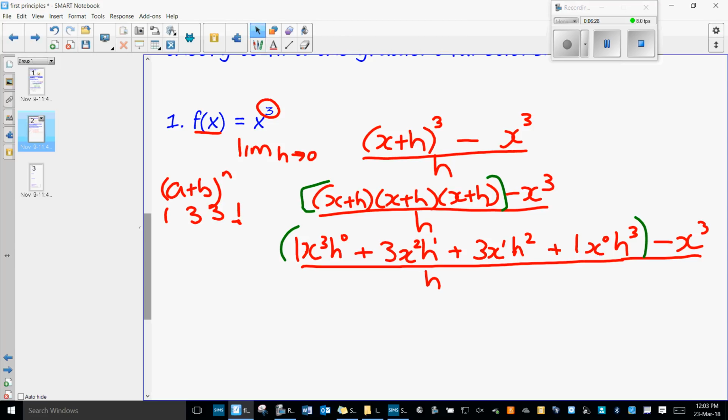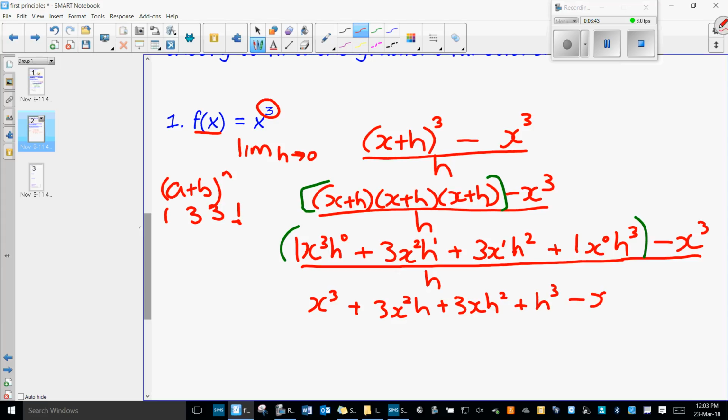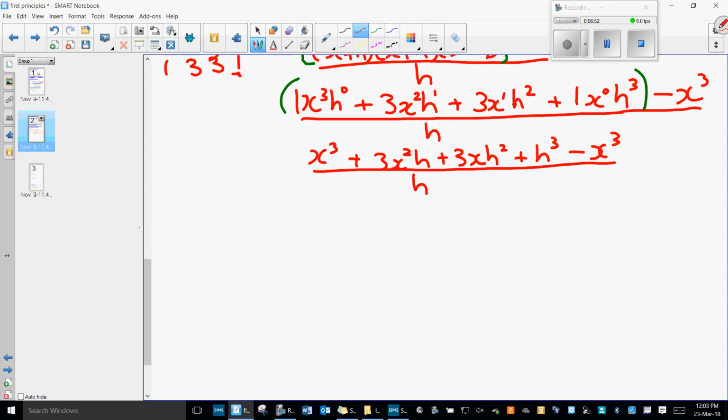So obviously 1x cubed h to the 0 is just x cubed. 3x squared h, which is 3x squared h. Plus 3x h squared plus h cubed minus x cubed. Okay, so I've just got rid of my powers of 0 because they're just 1s, and I didn't bother writing my 1s anymore.